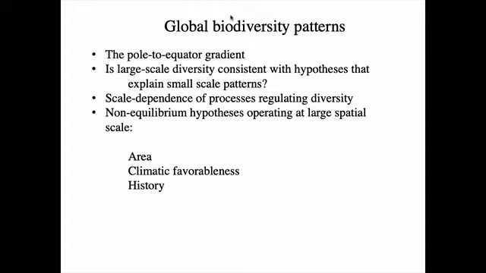We'll ask whether large-scale diversity patterns are consistent with the explanations that we have developed for small-scale differences in biodiversity. We'll talk about scale dependence of the processes that seem to be important at the global scale. And we'll look at non-equilibrium hypotheses that tend to operate at large spatial scales. We'll spend most of our time on this last point.